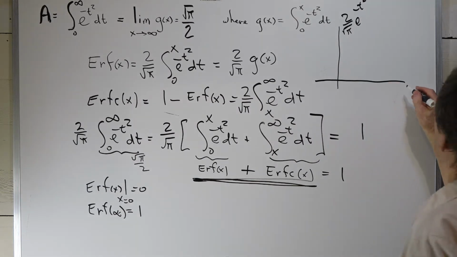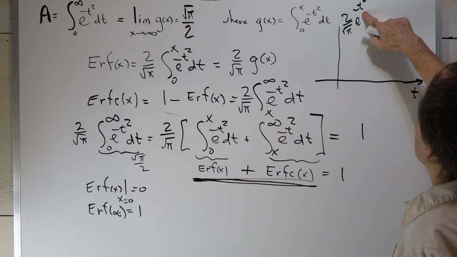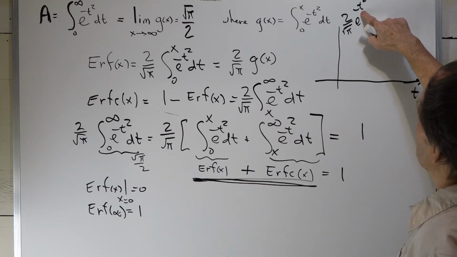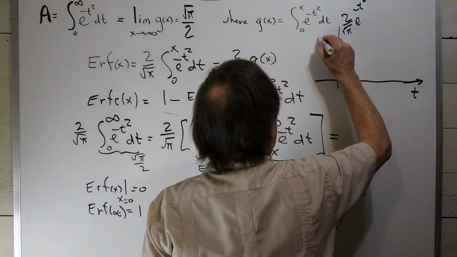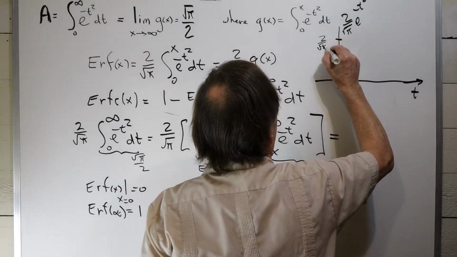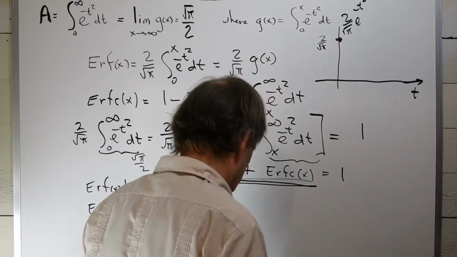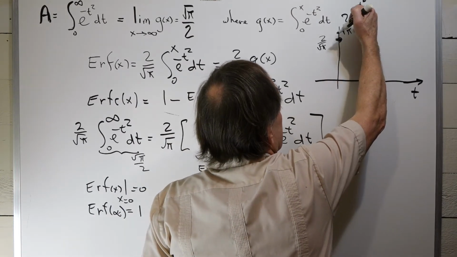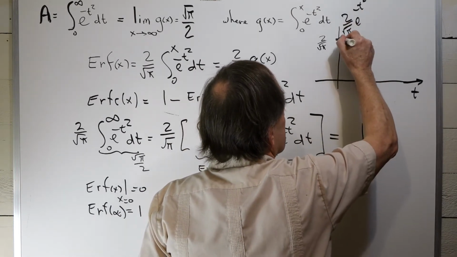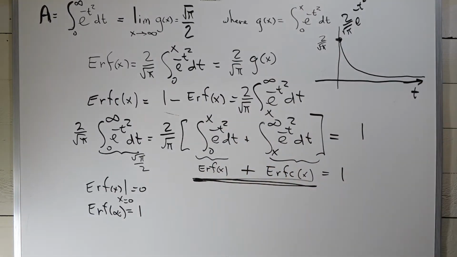Well, when t is 0, e to the 0 is 1, so the value of the function will be 2 over the square root of pi at t equals 0. Then, as t increases, e to the minus t squared rapidly decreases and asymptotically approaches 0.